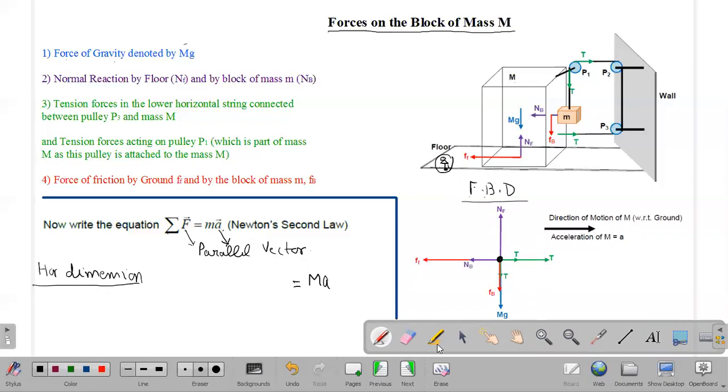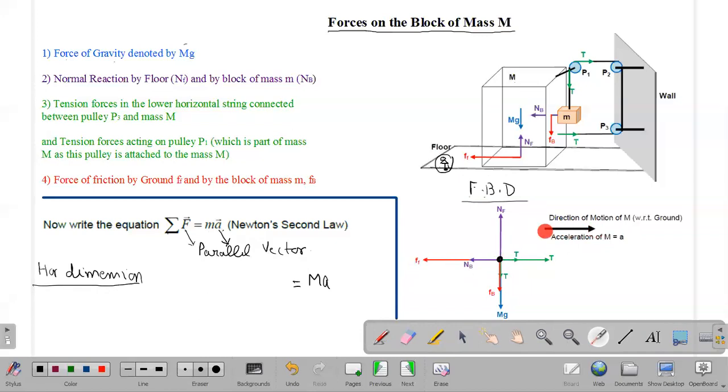In this free body diagram, the forces parallel to this direction of acceleration are this T and T, which means 2T, and this normal reaction force NB is opposite to the direction of acceleration, and this friction by the floor is also opposite to the direction of acceleration.